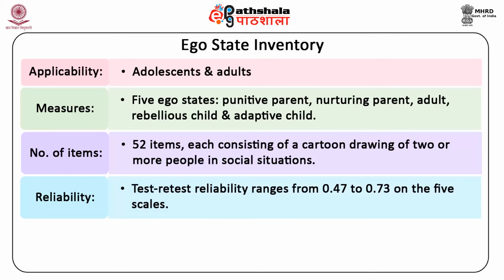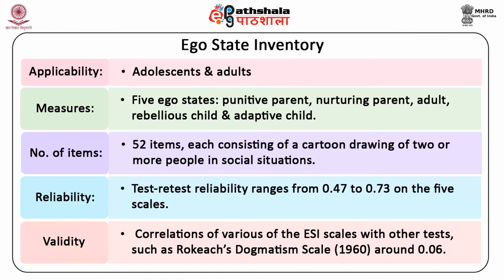Reliability: test-retest reliability ranges from 0.47 to 0.73 on the 5 scales. Validity: correlations of various of the ESI scales with other tests such as the Rokeach Dogmatism Scale and scales from Gough's California Personality Inventory cluster around 0.06.